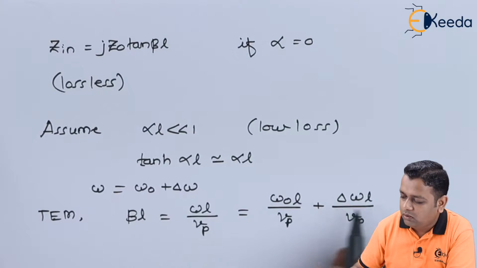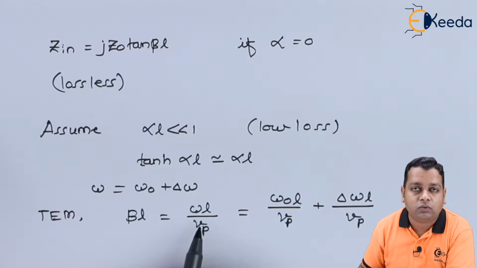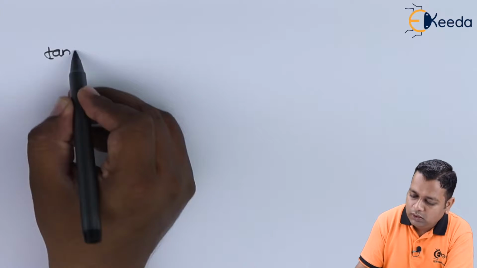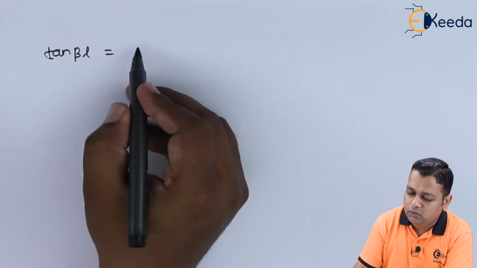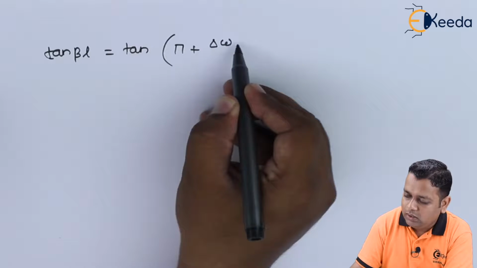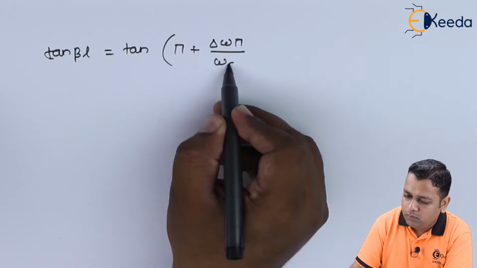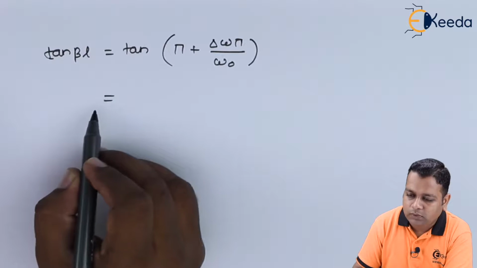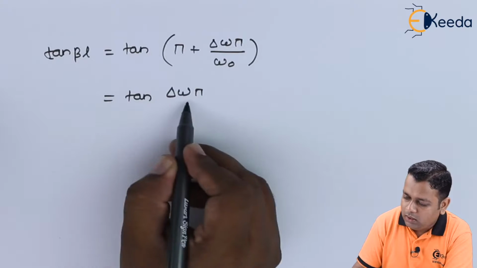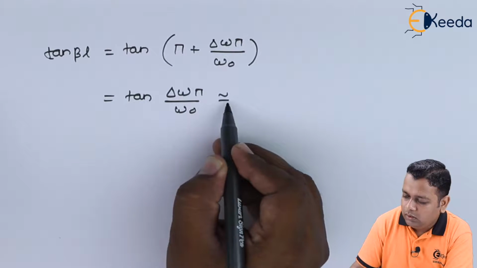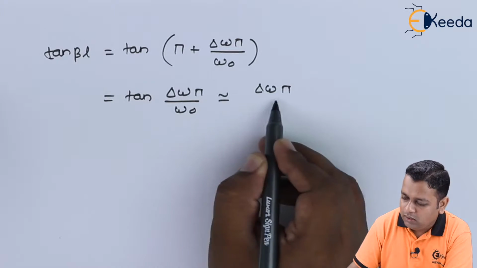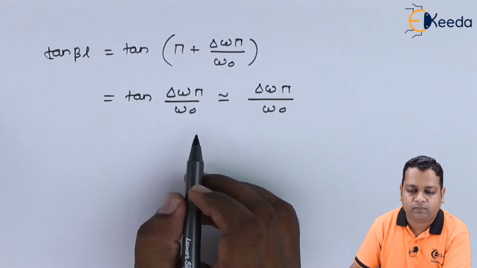This way we split beta L into two components. We can also write tan(beta L) as the tangent of the bracket pi plus delta omega pi divided by omega 0. So it is of the form tan(delta omega pi divided by omega 0), which can be further approximated to delta omega times pi upon omega 0.